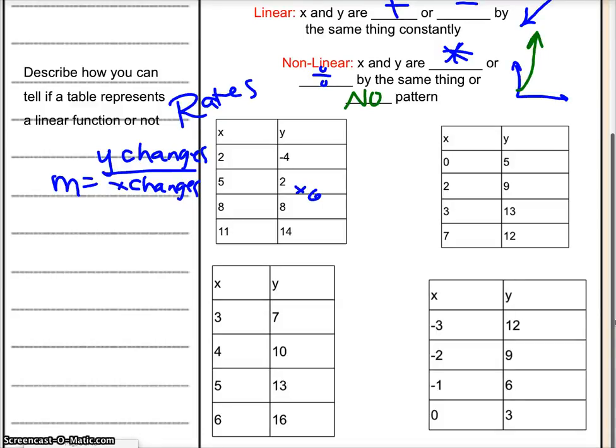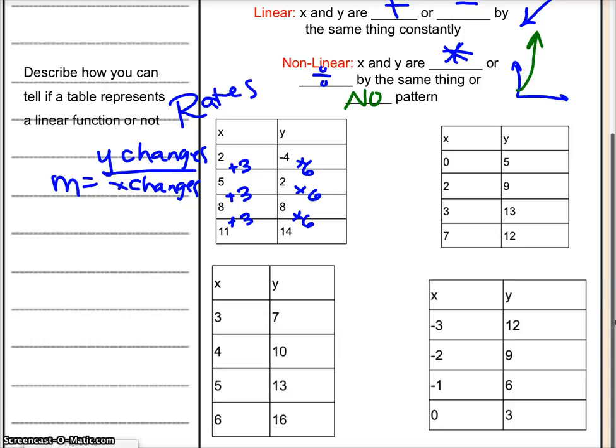What did I do to 8 to get to 14? Looks constant. Now x: what did I do to -4 to get to 2? What did I do to 2 to get to 5? What did I do to 5 to get to 8? What did I do to 8 to get to 11? So it looks linear. Linear means that I'm adding or subtracting the same thing.